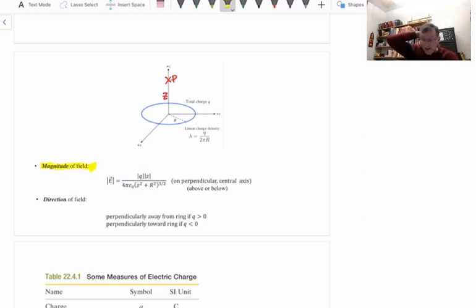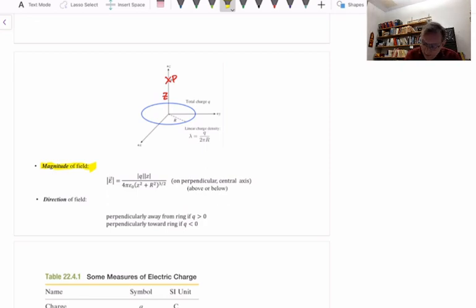Because this answer will actually work written this way if the ring has positive charge, like I was assuming, or negative charge, as long as the charge total amount is magnitude Q and is spread out uniformly around the circumference.